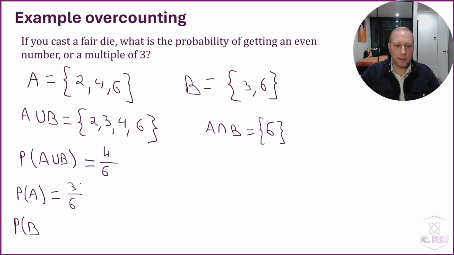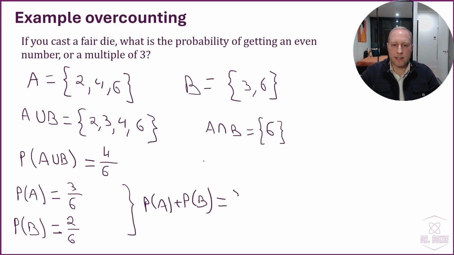And the probability of B is 2 out of 6, a 3 or 6. In other words, the probability of A plus the probability of B is 5 out of 6, which is not the same as the probability of A or B. We get 1/6 too many.